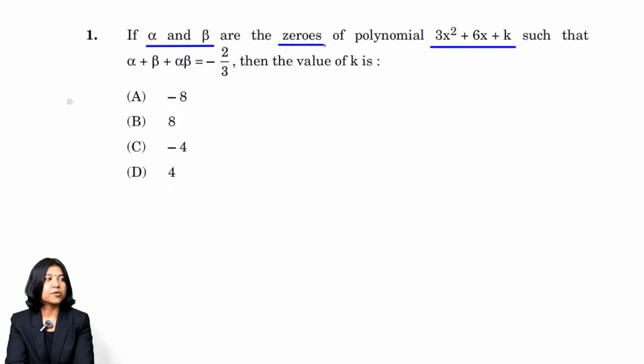Now I hope you have already studied the topic, and zeros are those values which, upon plugging them into the equation, make the whole equation 0. So you have done factorization before. If you recall the concept of factorization, what we used to do?